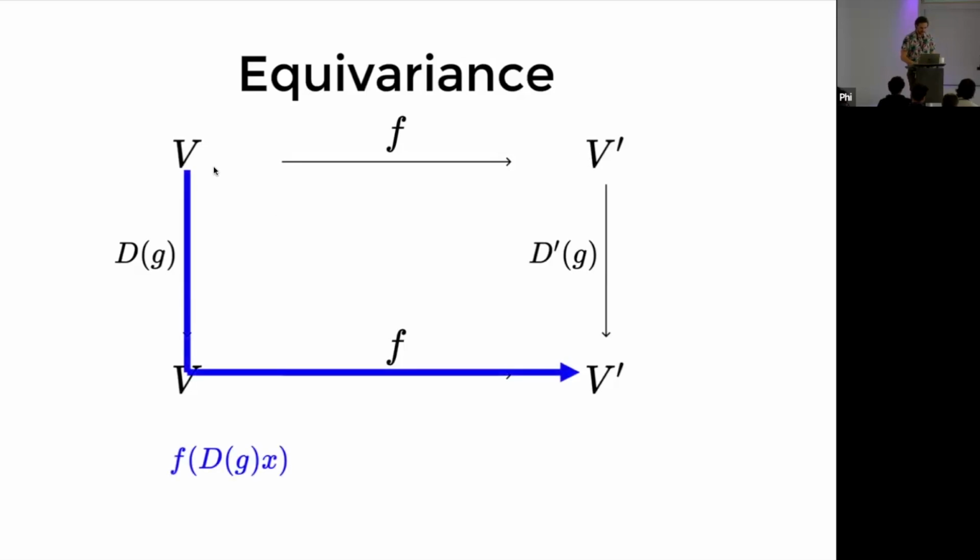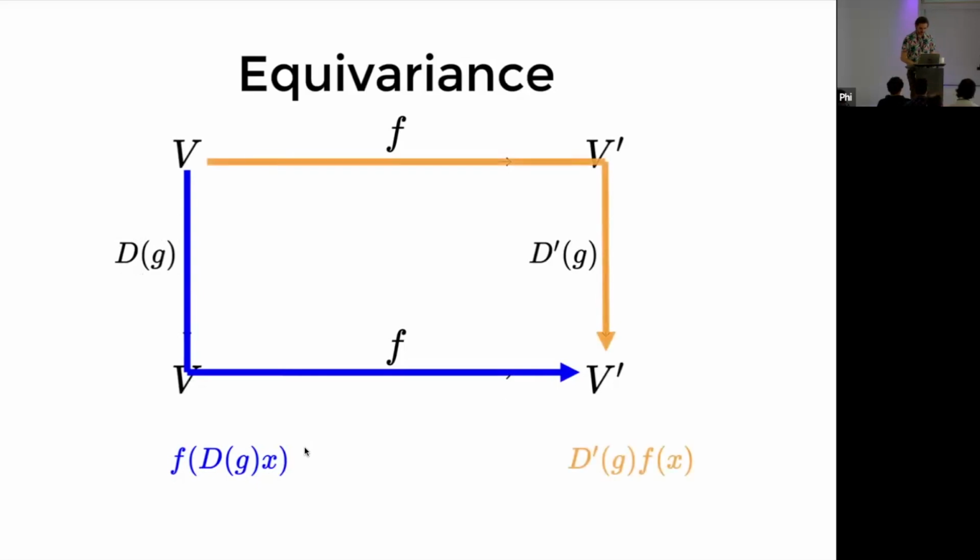If you first take a vector in your vector space V and you apply a transformation D of G to this vector, so you rotate your system and this vector gets sent to another vector in the same vector space, and then you apply your function f. This is how you would write it mathematically: f of D of G of x.